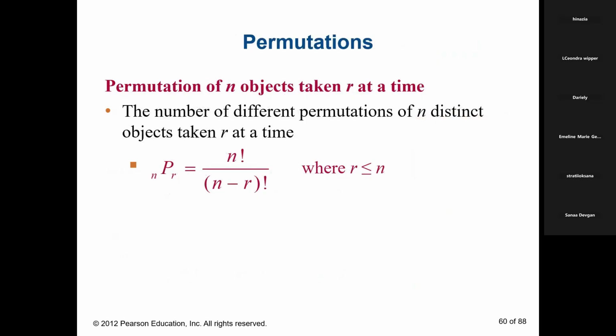The formula you need to use to find the number of permutations is this formula. nPr is n factorial over n minus r factorial. Keep in mind, anytime you talk about permutation, order is important.